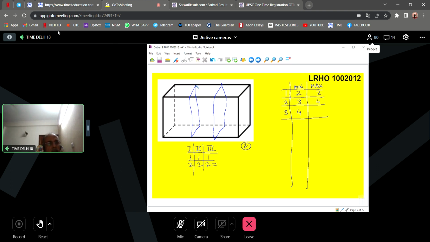For getting minimum number of pieces, what I do is I apply all the cuts parallel to one side. If I apply n cuts, what is the minimum number of pieces I'll get? If I apply all these cuts parallel to one of the sides, I'll get n plus 1 pieces. Is it fine?